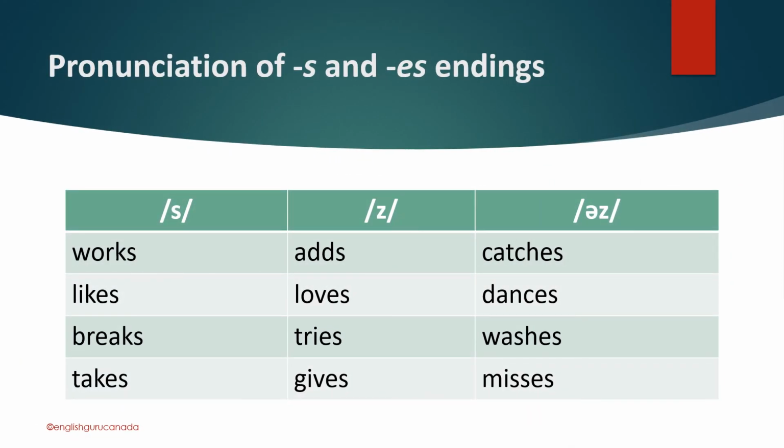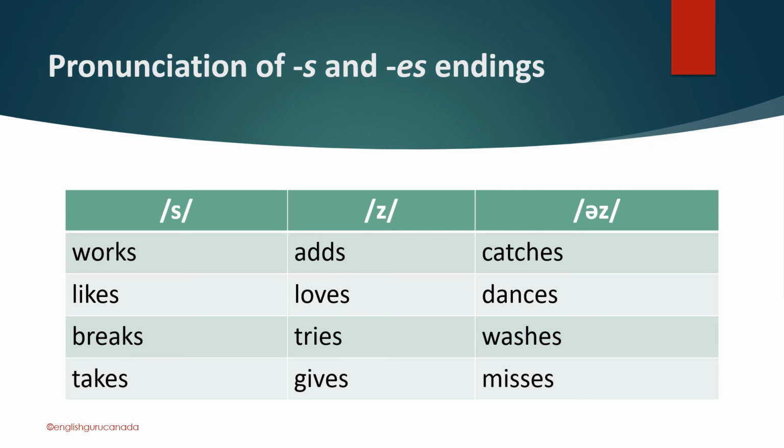And now let's talk a bit about the pronunciation of the S and ES endings. The pronunciation is, I would say, in three sounds. So we have the S sound, the Z sound, and the uz sound.